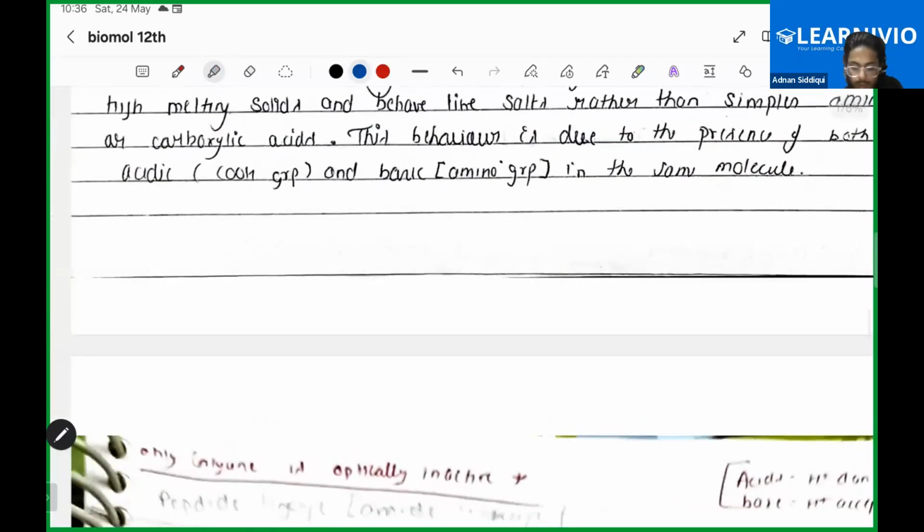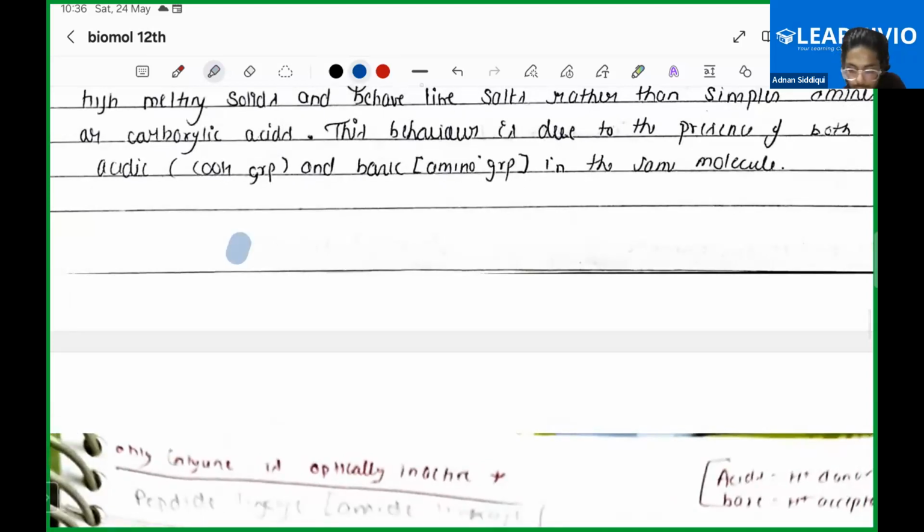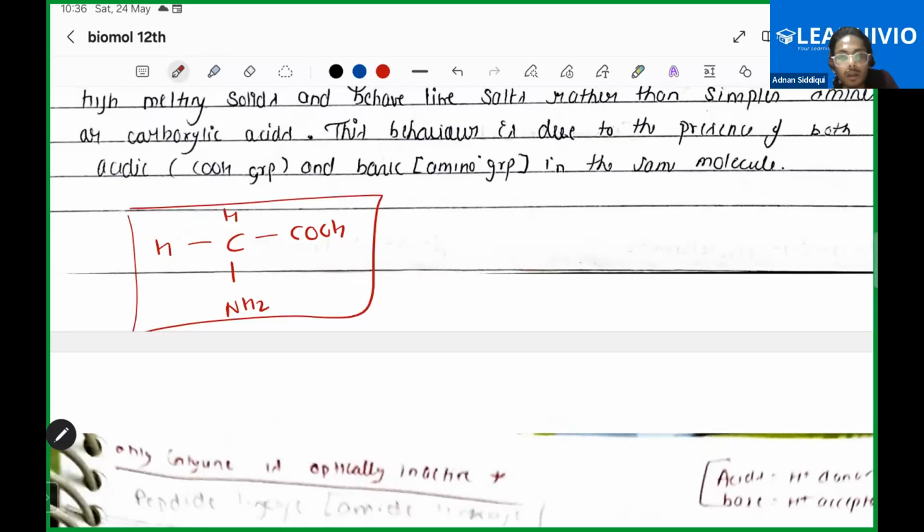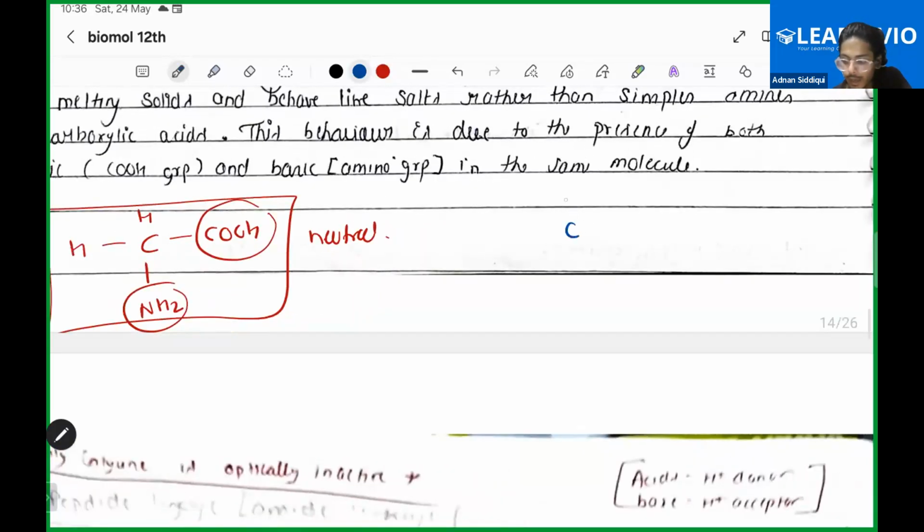The primary requirement for an amino acid is that it must have a carboxylic group and an amino group, so that we can call it an amino acid. If the carboxylic and amino groups are equal, if one carboxylic group and one amino group are present, then it will be neutral. But if we have two amino groups and one carboxylic group, then it will be basic.